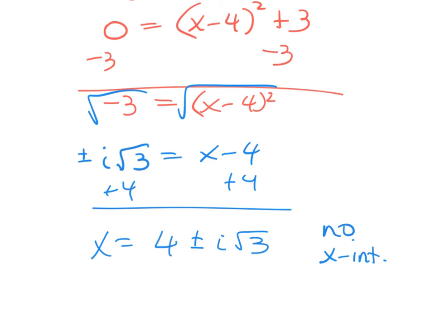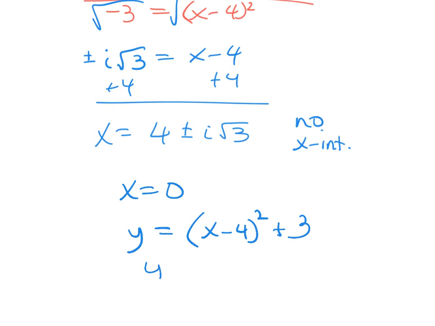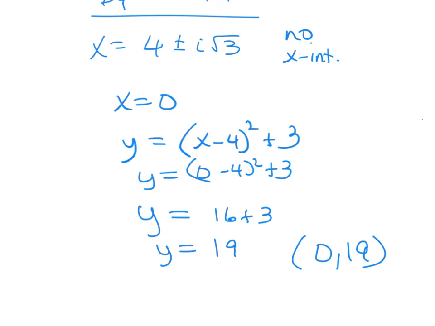Now, we can find the y-intercept by plugging in x equals 0. The original equation is x minus 4 squared plus 3. Plug in a 0 for x. y equals 16 plus 3. So my y-intercept is going to occur at 0, 19.